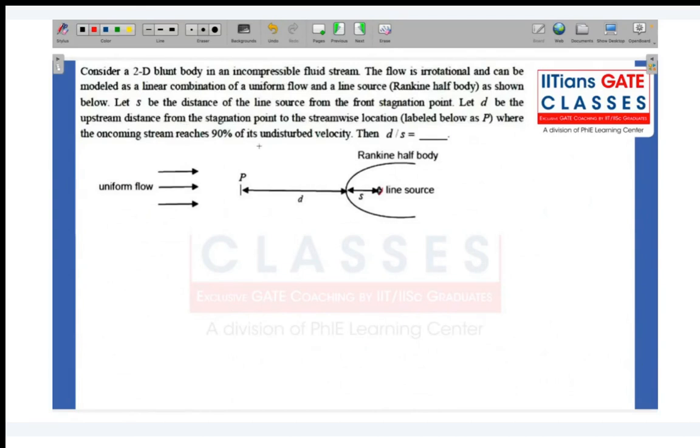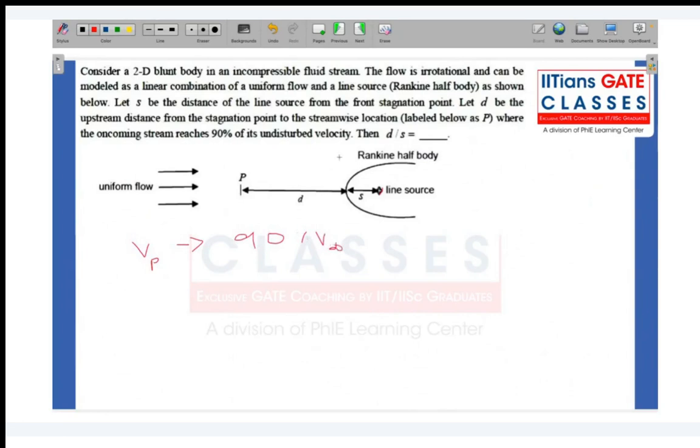So from this stagnation point, if you go a distance D, you'll reach a point P. The velocity at point P is 90% of your free stream value. So what they're asking us to find is what is D by S.